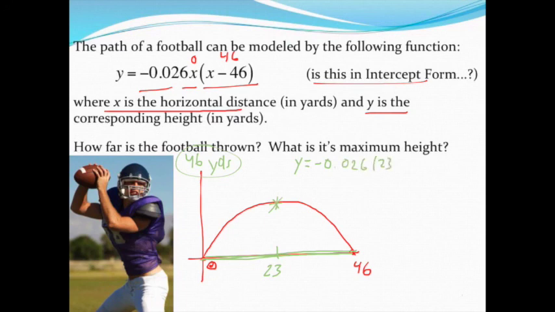That's the halfway point where the ball would be at its highest point, and plug 23 in for both x's. Now I would definitely want to use a calculator to multiply that out. I don't want to do that by hand. So doing a little calculation, I come up with a height of about 13.754, and this was in yards. So plugging my x value in, I get my maximum height of about 13.7 yards.